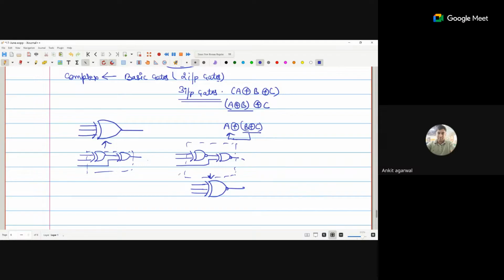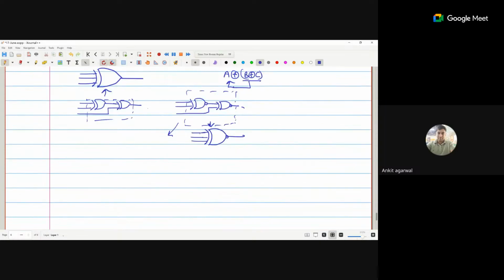Now, if we are saying here, basically this is one XNOR gate. I can represent it as an XOR gate, then a NOT gate, again an XOR gate with the third input, and then a NOT gate, for A, B, C. So two NOT gates are there.